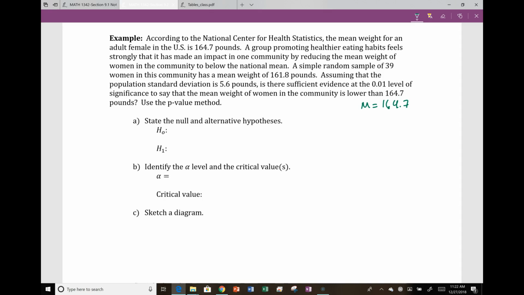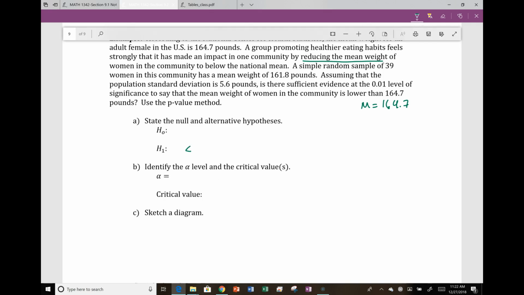A group promoting healthier eating habits feels strongly that it has made an impact in one community by reducing the mean weight of women in the community to below the national average. So since we're reducing, is that going to be less than, greater than? Okay, it's going to be a less than. So we know that it's going to be 164.7 pounds that we're looking at.